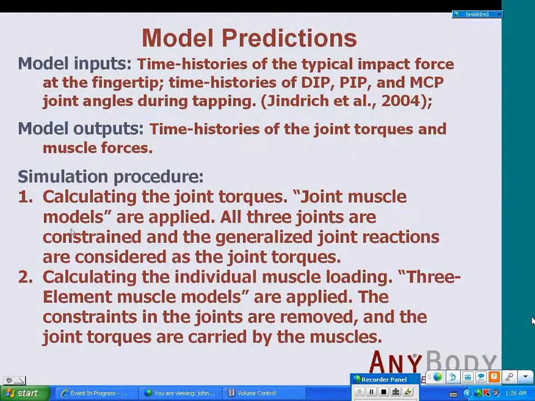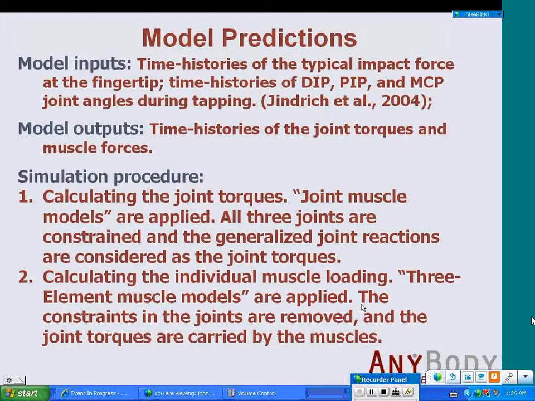Secondly, we release this joint muscle and replace it with an actual muscle model, that is the three-element Hill's model. In this case, all the joint moment is carried by muscle. In a real joint, there is actually no joint moment.